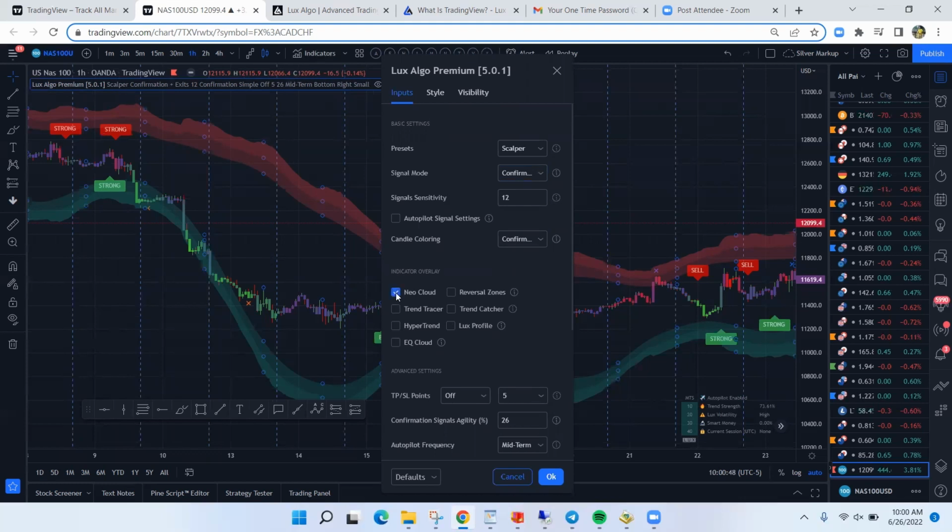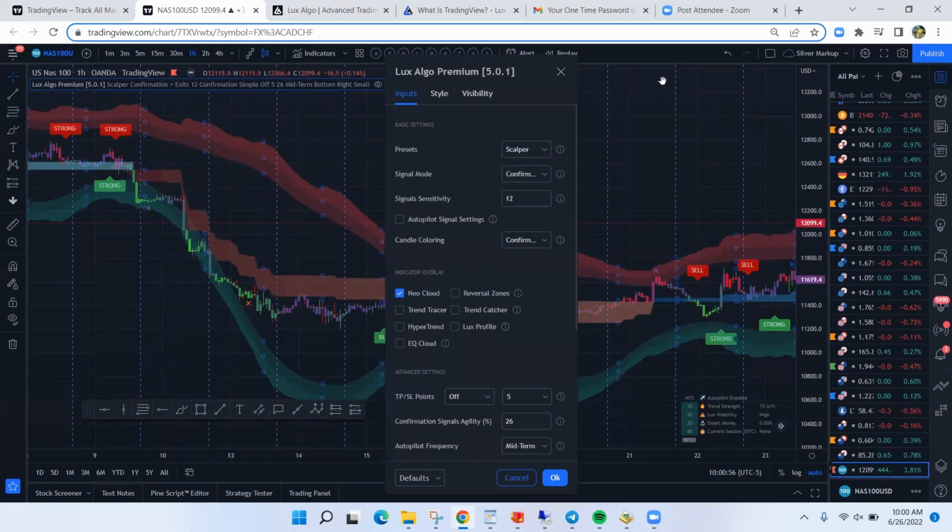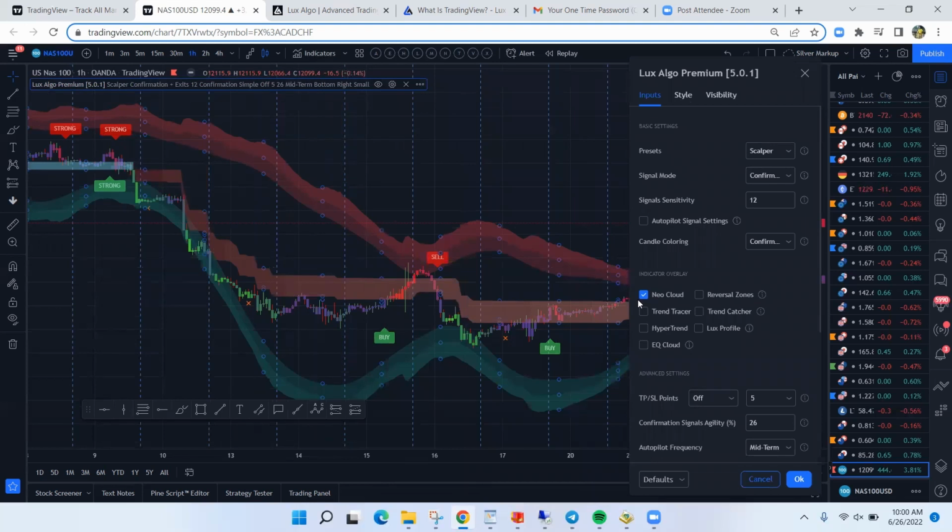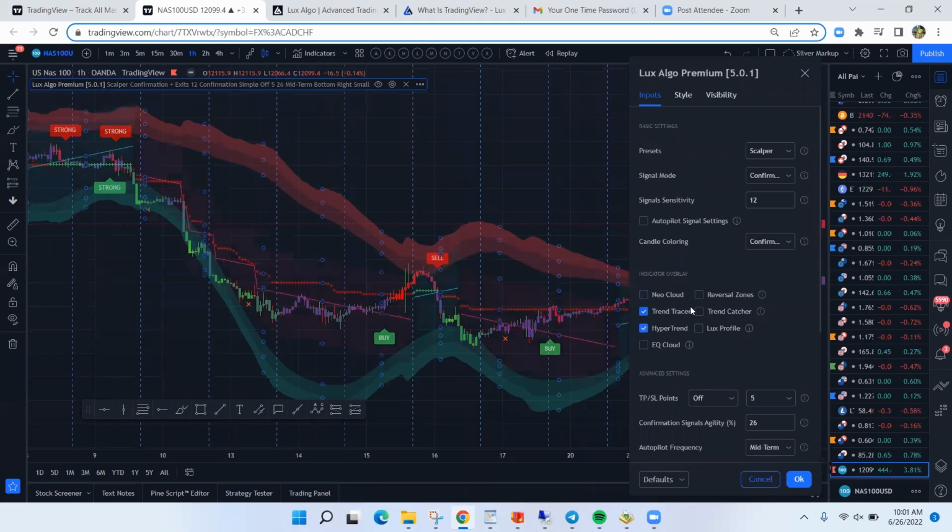So if I pull up the Neo Cloud, you see it'll show you an almost Ichimoku style cloud in the system. You can see it right here. And you have literally different ones. I'm not going to go into each one of them in detail, but you can see that each one has some form of trend following or trend identifying, or reversal identifying aspect to it.